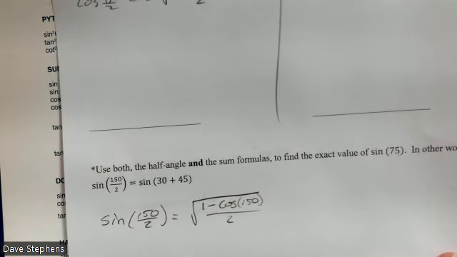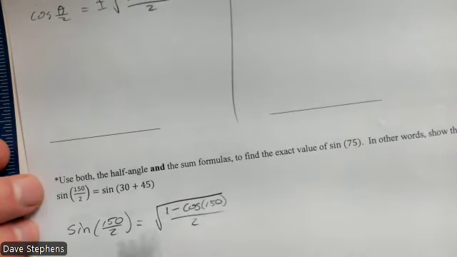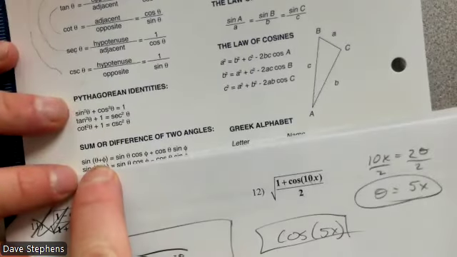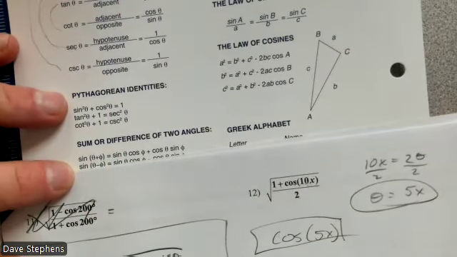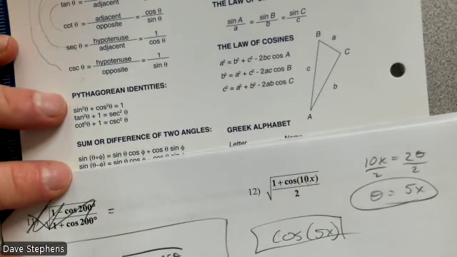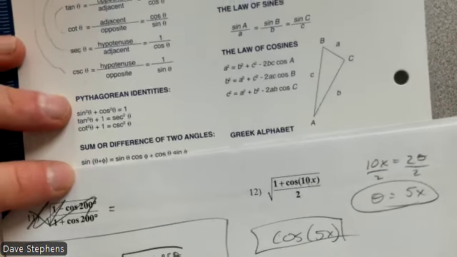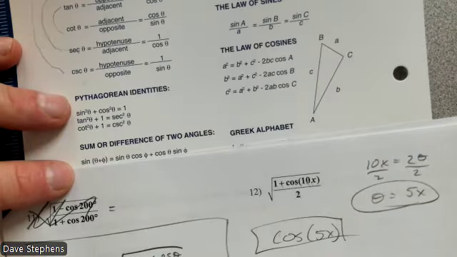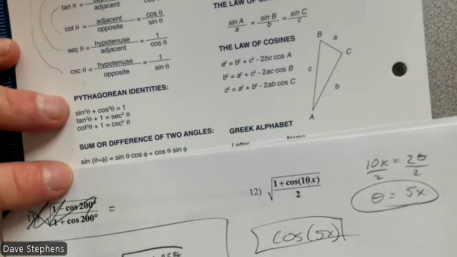All right. And then on the other side, we got the sine of 30 plus 45. Sine of 30 plus 45 is this guy. So that is the sine of 30 plus 45 is sine 30 cosine 45 plus cosine 30 sine of 45.